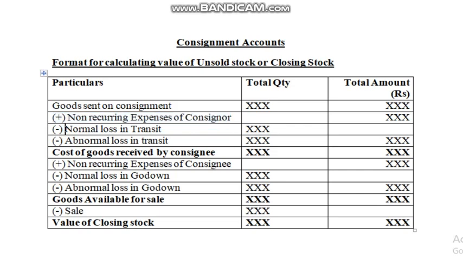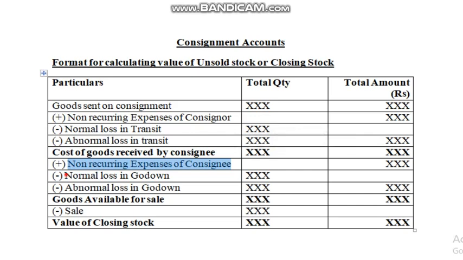And then deduct normal loss and abnormal loss in transit. So these are the losses that occur during the transit of goods from the place of consignor to the place of consignee. And you will get the cost of goods received by consignee, and again add non-recurring expenses of consignee, nothing but the non-recurring expenses of agent.